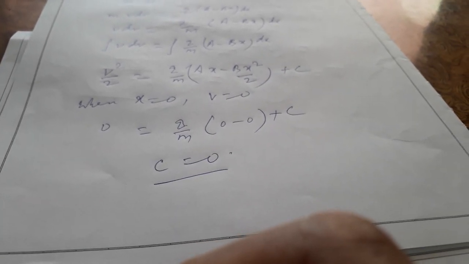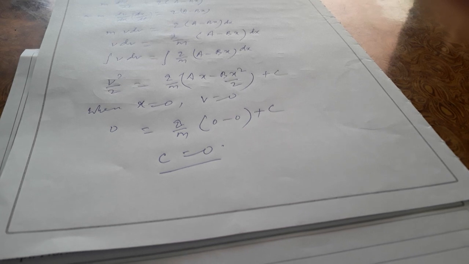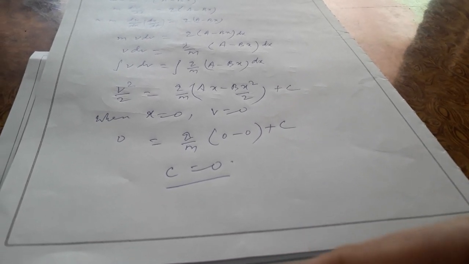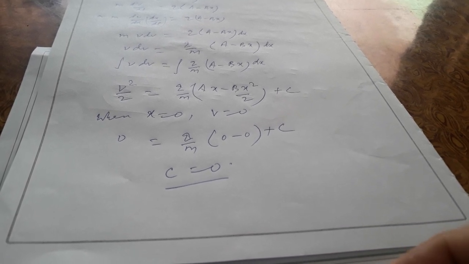Now C equal to 0, so putting the value of C equal to 0 in the above equation, v square by 2 equal to Q by m into Ax minus Bx square by 2.